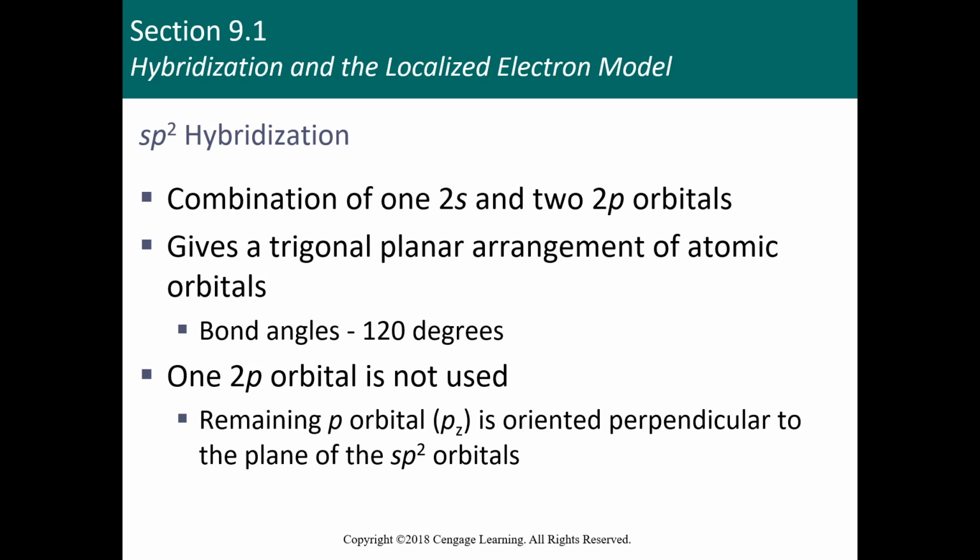And that means that z then would be coming out towards you, okay? That's just because people are used to reading xy graphs, right? And so xy, flat on the paper, that makes sense. And then z comes out towards you. And that's why that's considered perpendicular here to your sp2 orbitals, which remember are a trigonal planar arrangement. That means a triangle that is in all one plane, like a flat triangle.